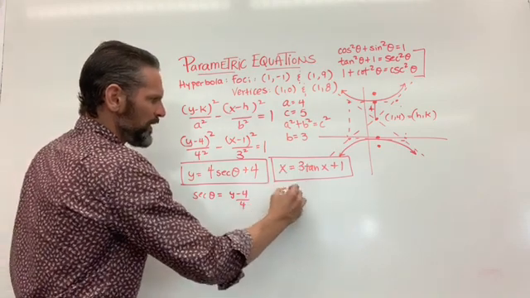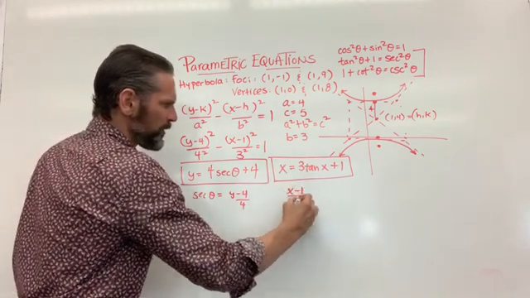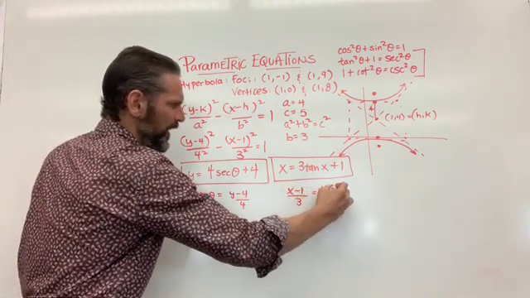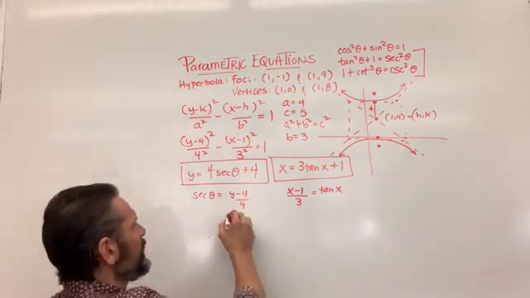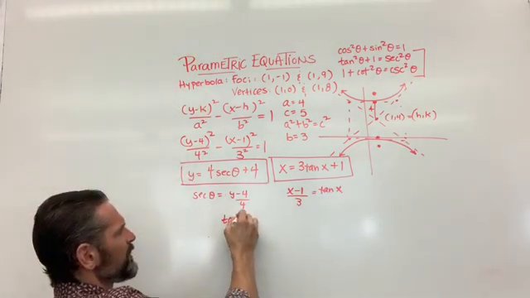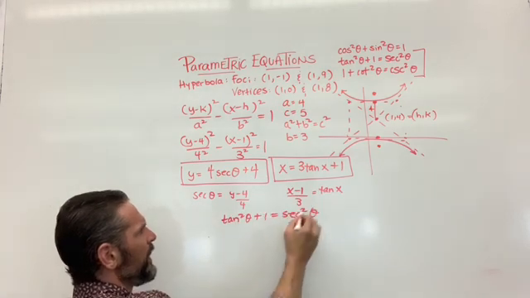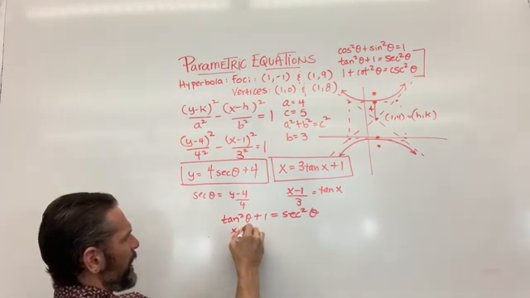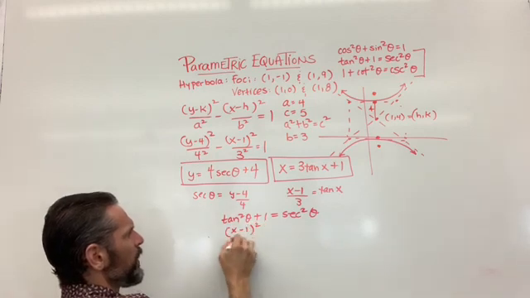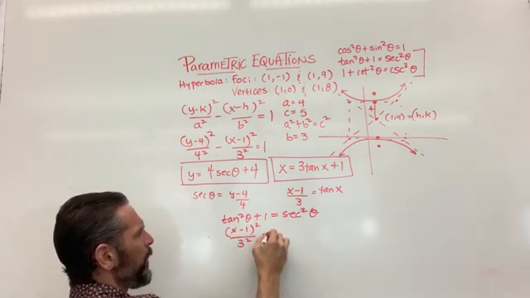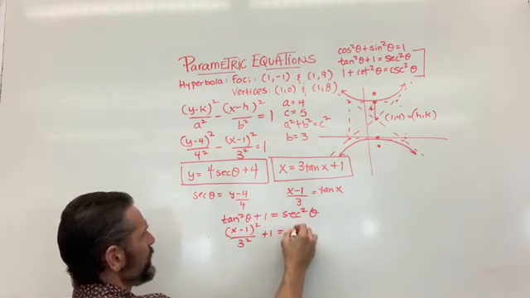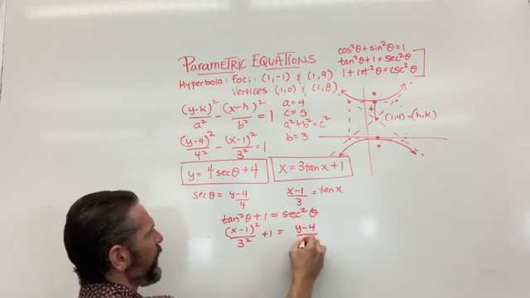And this would imply that (x - 1) over 3 is equal to tangent of theta. When I substitute this into tangent² theta + 1 = secant² theta, I'll get ((x - 1)/3)² + 1 is equal to ((y - 4)/4)².